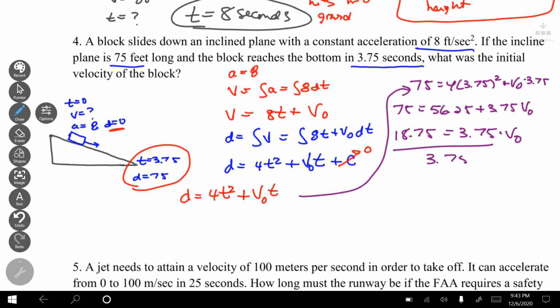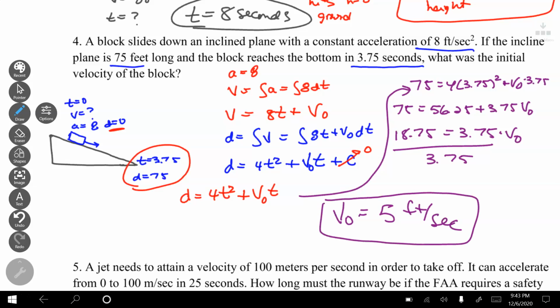I divide by 3.75. I get my initial velocity is 5 feet per second. That's what I have for that.